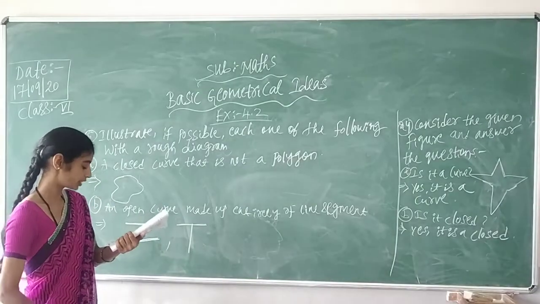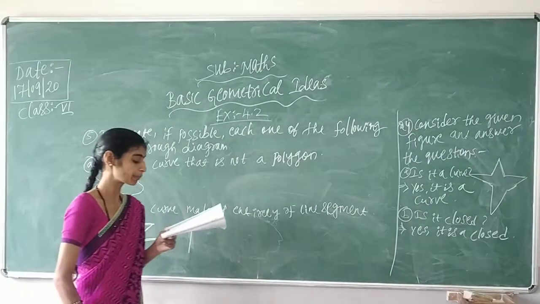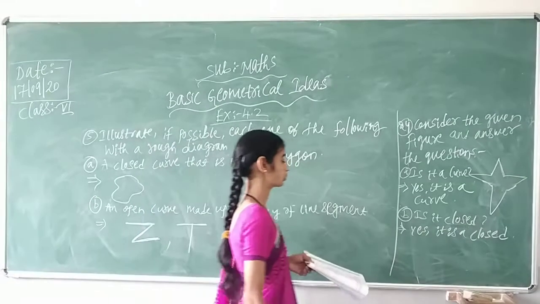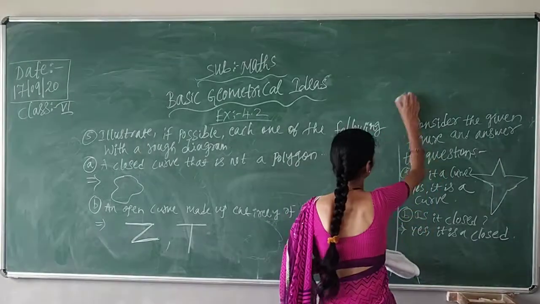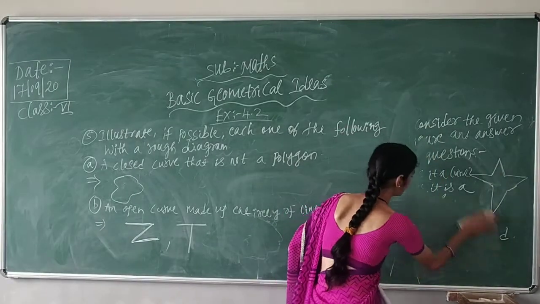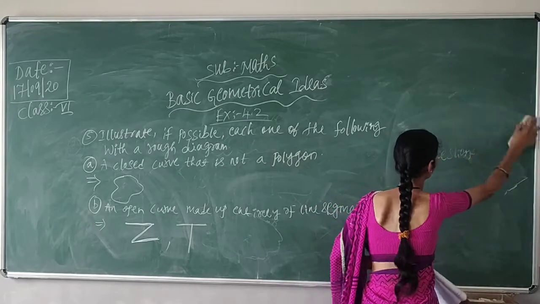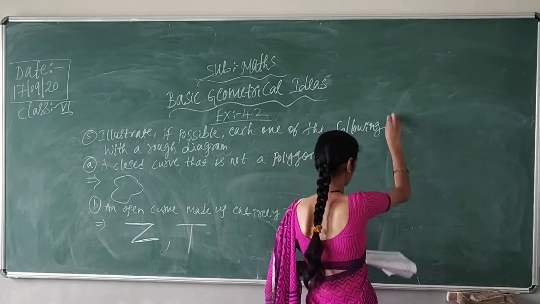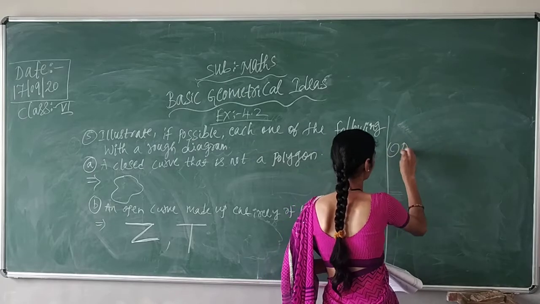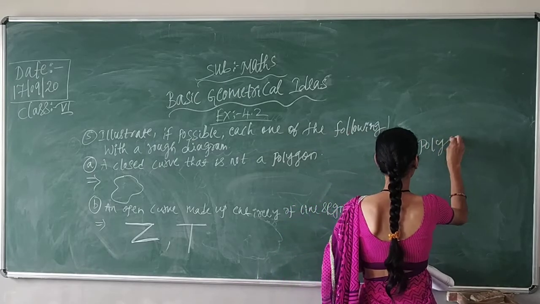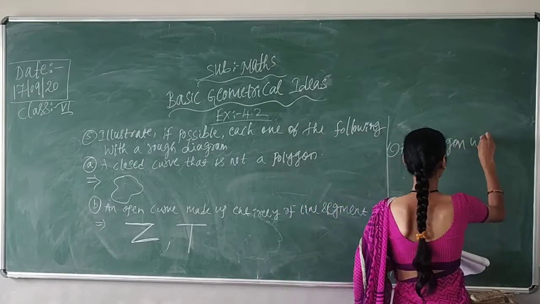Okay? And in this last question, question c, children: a polygon with two sides.